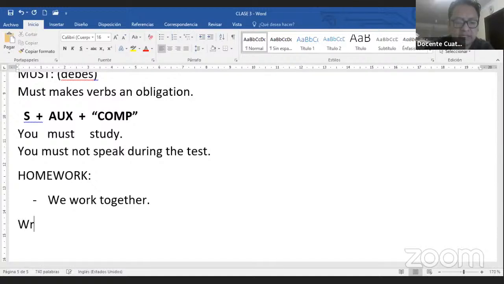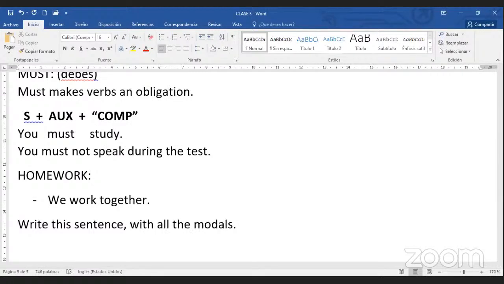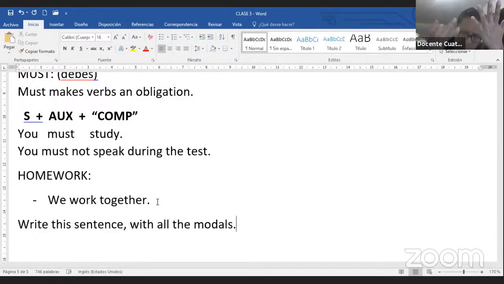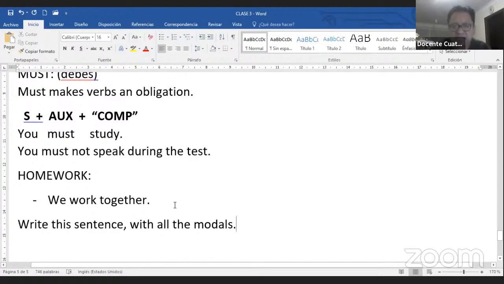Write this sentence with all the modals. So we work together with can, with could, with will, with would, with should, with may, with might, with must. 8 sentences you have to write. Just to practice.